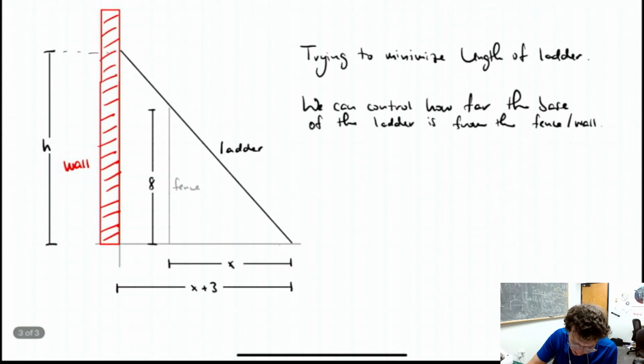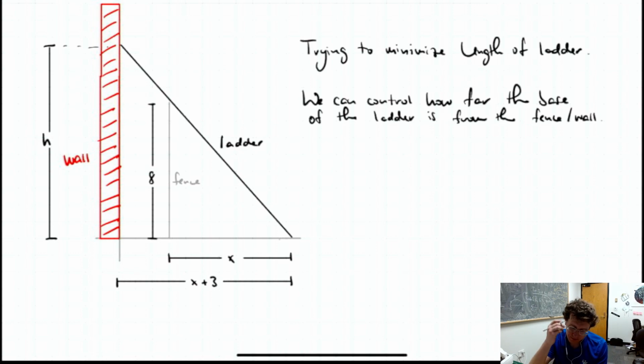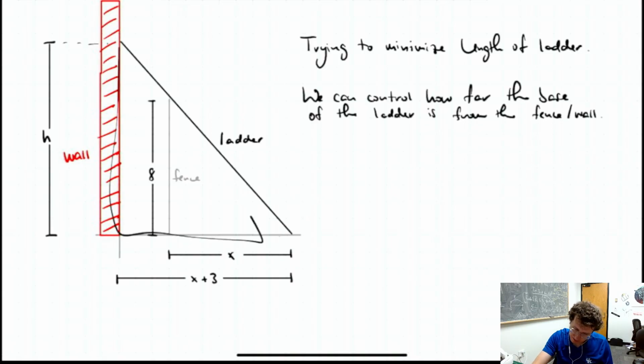So I need to find h in terms of x. So it's helpful to look at the quantities we've labeled so far to try to think about how we could relate them. I've labeled these two sides of that triangle, and I've also labeled these two sides of this triangle. So when I'm thinking about four sides of two triangles, and in fact these aren't just any old triangles, these are similar triangles.